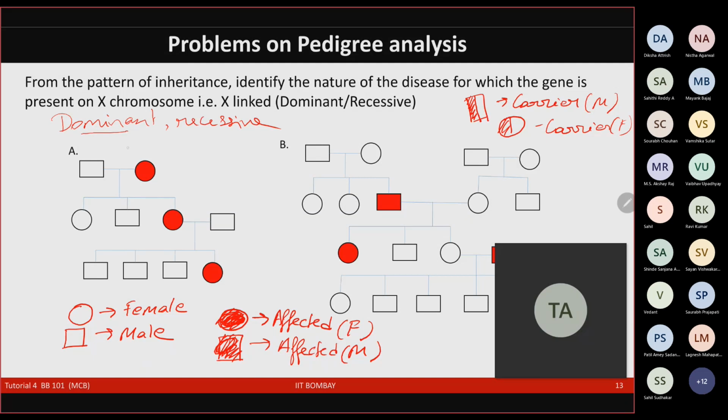And if the gene for the disease is a recessive gene, the person needs to have both copies of this gene to be affected. Otherwise, if the person has only one copy, the person is going to be a carrier. Just keep these things in mind and we'll proceed with the questions.